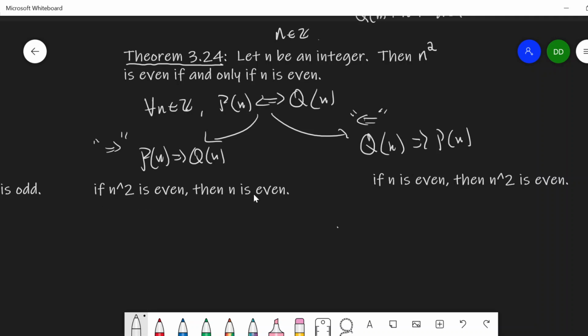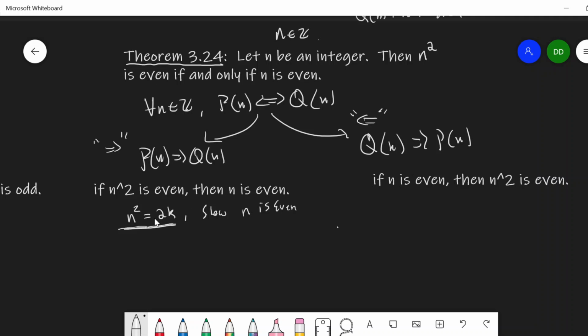In this case, our starting assumption would be n squared is even. So if we assumed n squared was even, we would write n squared equals 2k, and we would want to show n is even. So we'd want to show n is twice some other integer. So this starting assumption is really no good.